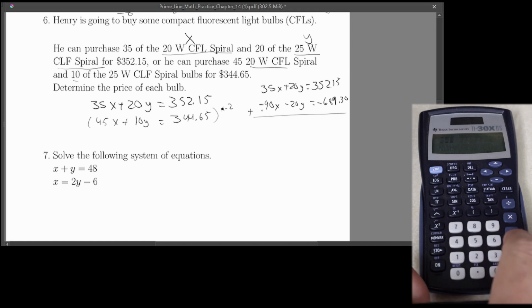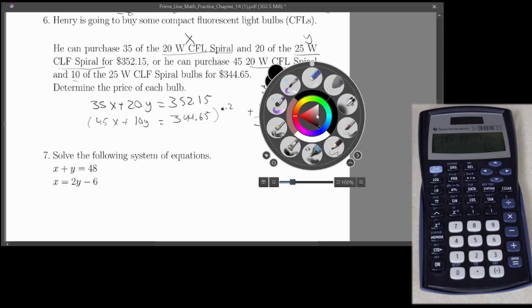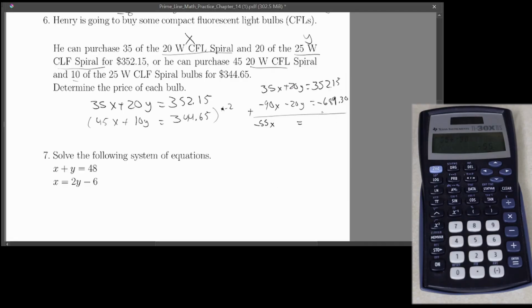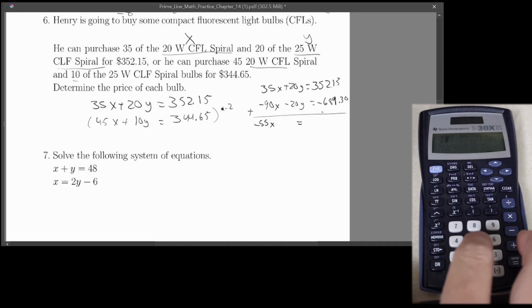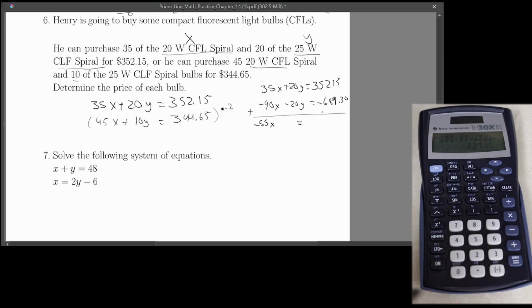So 35 plus -90 gets us -55x. Our y's add to 0. We have 352.13 minus 689.30, and we get a -337.17.